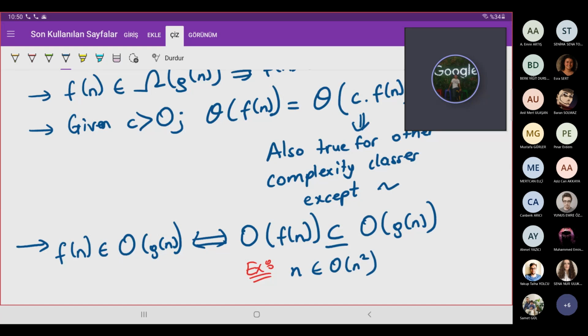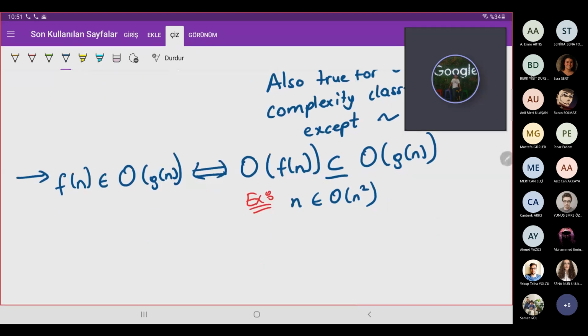Otherwise, you would think that they will have to be the same. But this also means that big O n is a subset of big O n squared. Okay? Because the low order terms are also in this set, because it's also an upper bound. So this is another property, and we have similar properties for the other complexity classes as well.